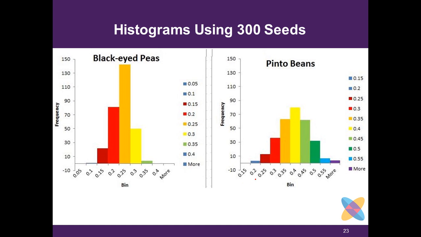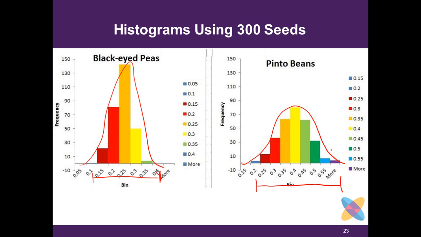Hopefully you said the pinto beans. The pinto beans have more variation than the black-eyed peas. And if you look at our normal distribution, you can see that the bell-shaped curve is narrower and higher for the black-eyed peas than for the pinto beans.